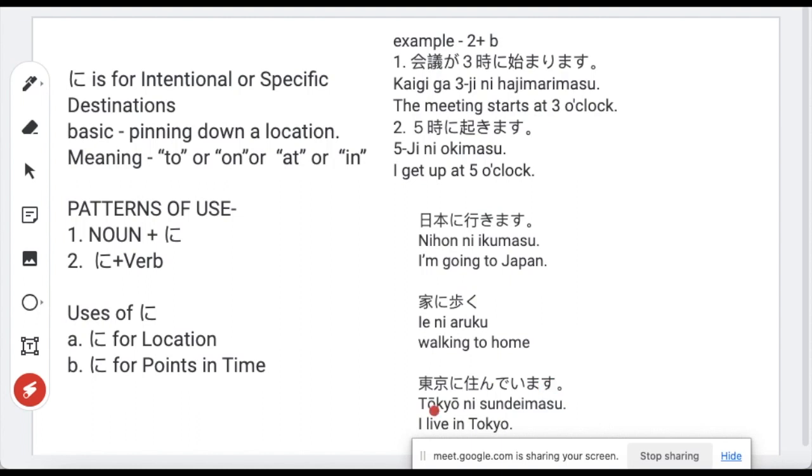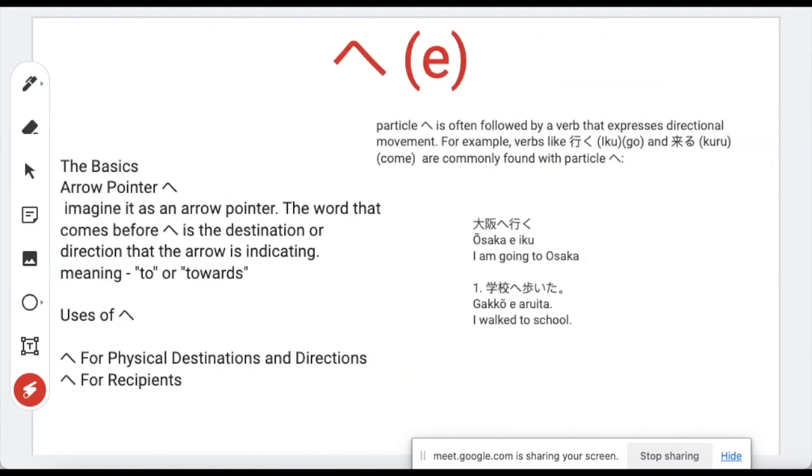When we say I live in Tokyo, then also we have to use ni. So out of these 3 examples, you can easily know that ni is used with a noun and with a verb, and for pointing to a specific location. Okay, let's see.